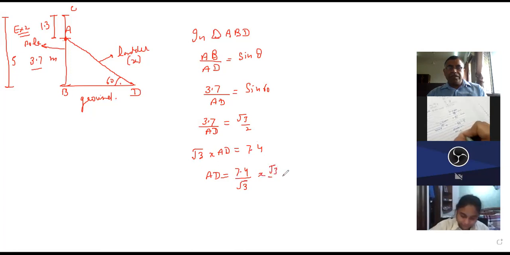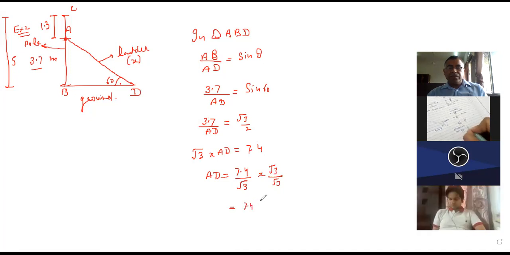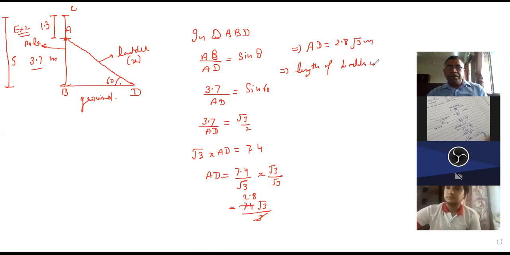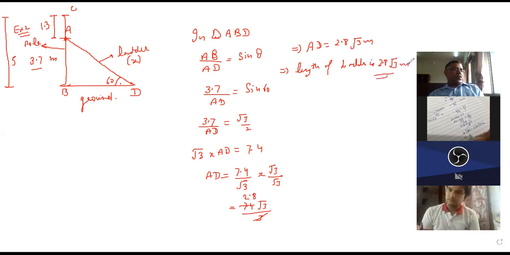Rationalize it. So this is 7.4 under root 3 upon 3. So AD is equal to 2.8 under root 3 meters. So this is the answer to the question.